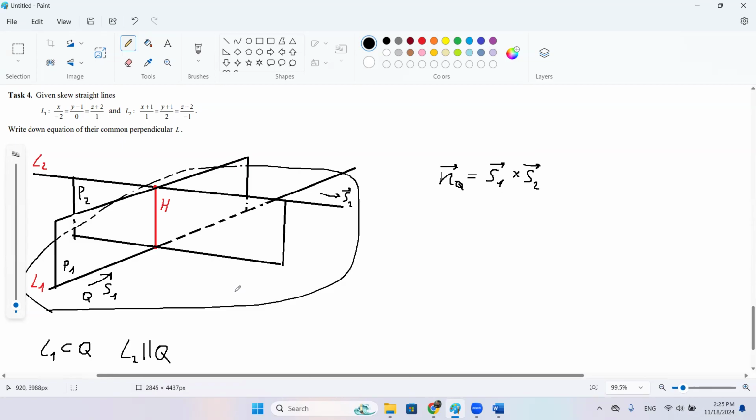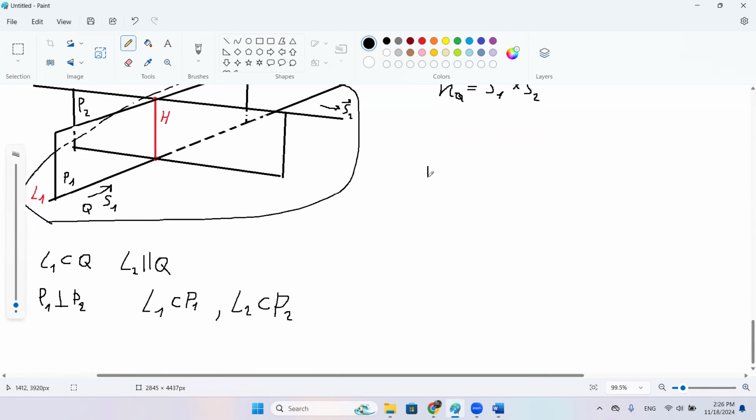By finding plane Q, we will be able to find normal vectors for P1 and P2. So how to find their normal vectors? Any ideas?